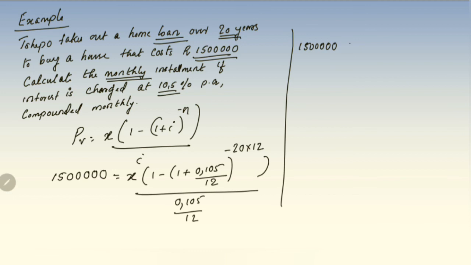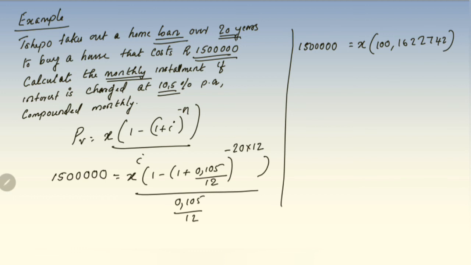When you do this one in the calculator, if your calculation is correct, it will give you 100.1622742. Don't round it off here.